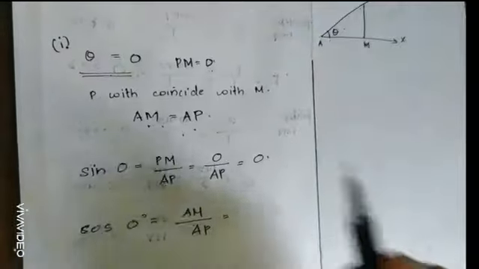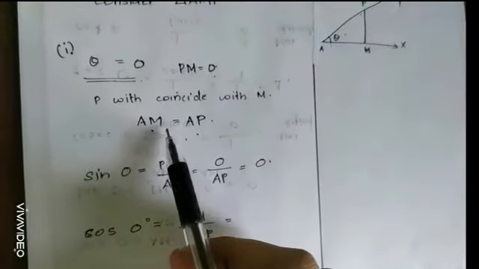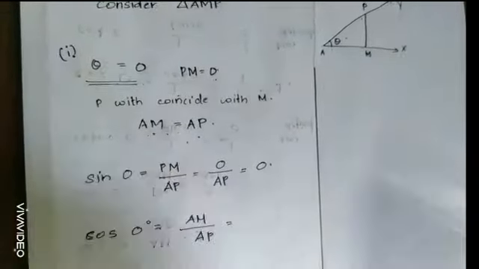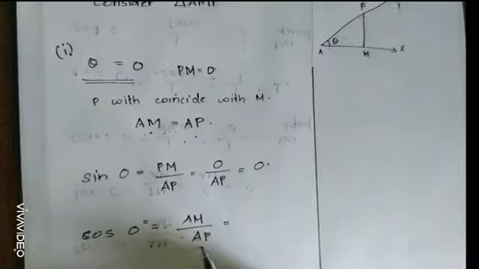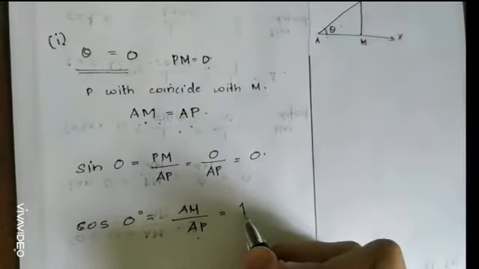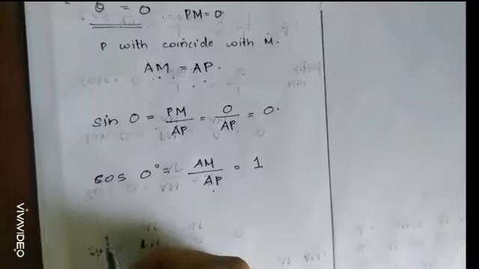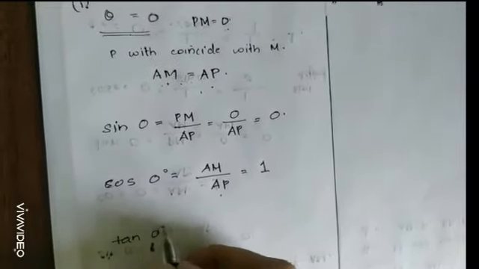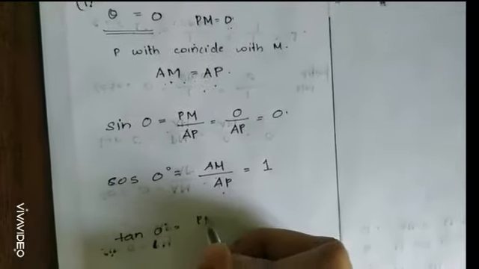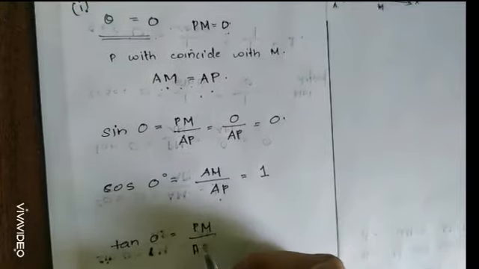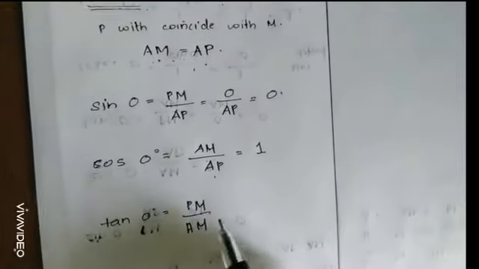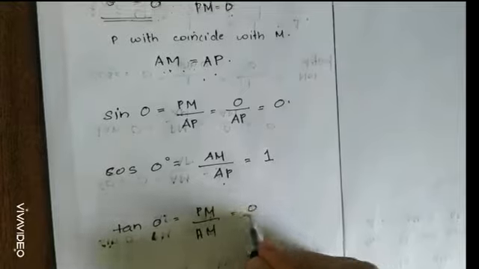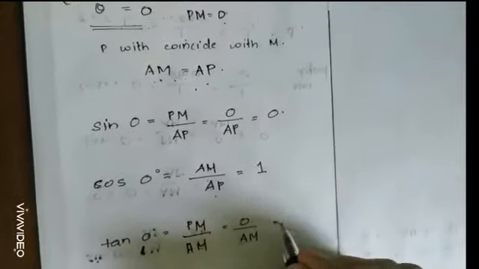We know AP equal to AM when theta is equal to 0 degree. Therefore numerator and denominator remain the same. Therefore cos 0 is 1. Now tan 0 degree is equal to opposite side by adjacent side. We know PM is equal to 0, so tan 0 is 0 by AM, which is equal to 0.